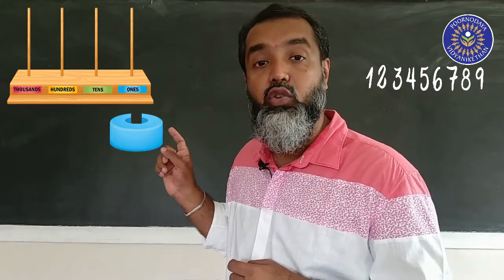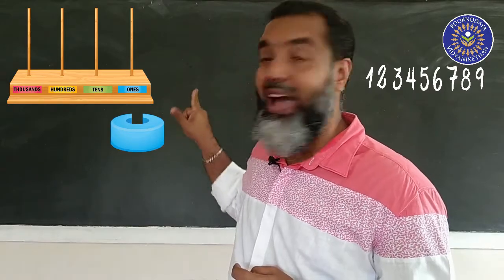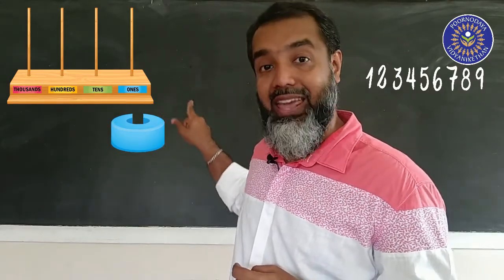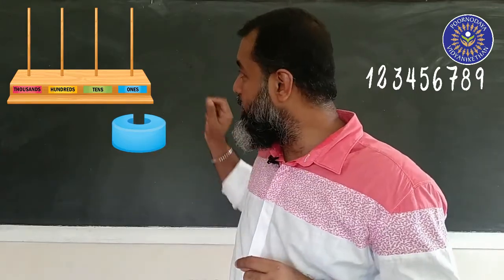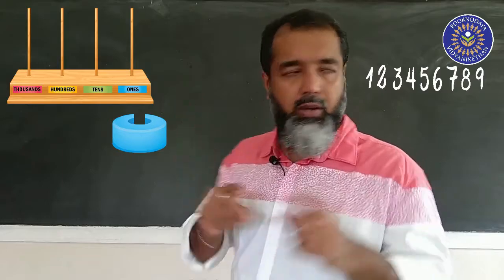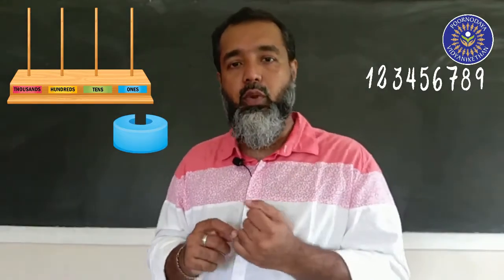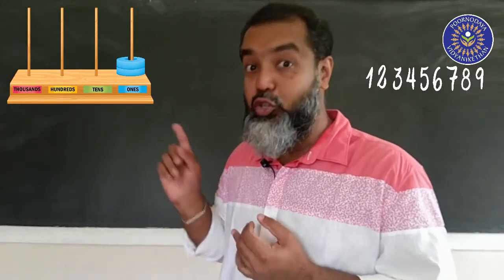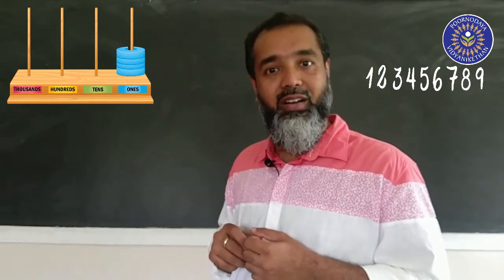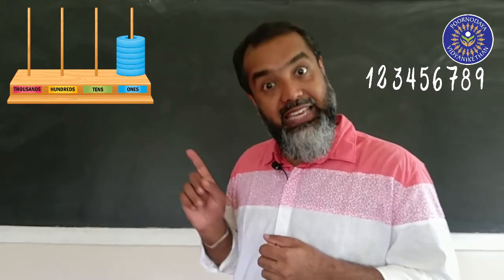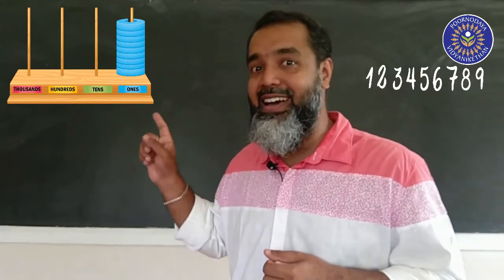If you put this ring there 9 times on the right end stick, which is called the ones, let's count from here to here. So, 1 ring, 2 ring, 3 ring, 4, 5, 6, 7, 8, 9.